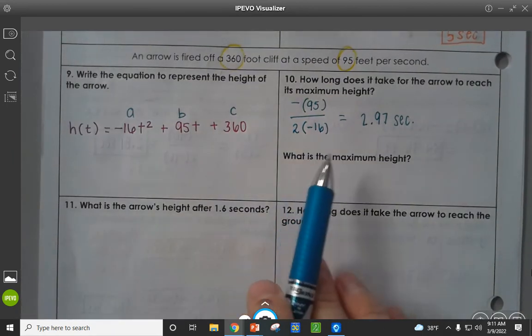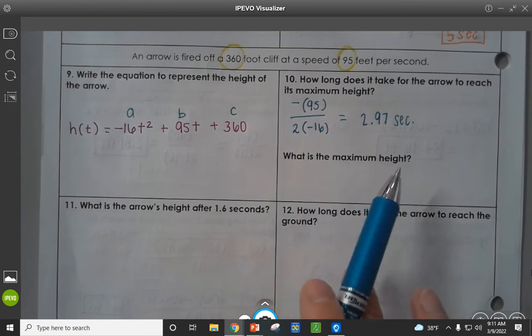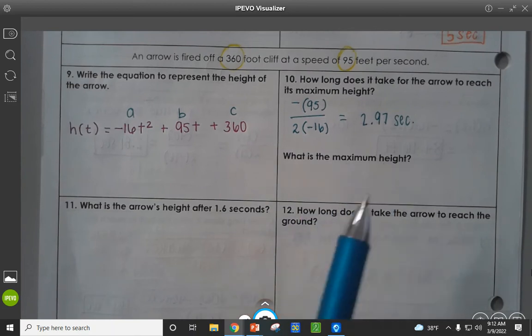And then it says, what is the maximum height? So that is asking for the y value of the vertex. And how do we find that? What did we do on the previous questions? Look back at number 6.